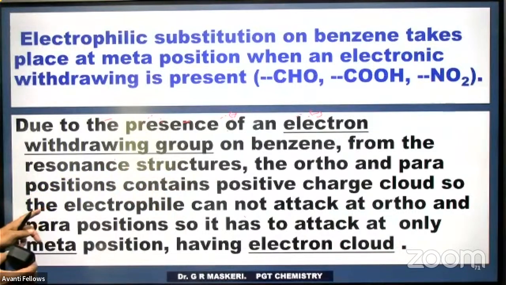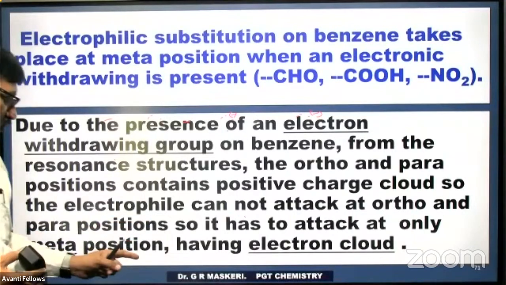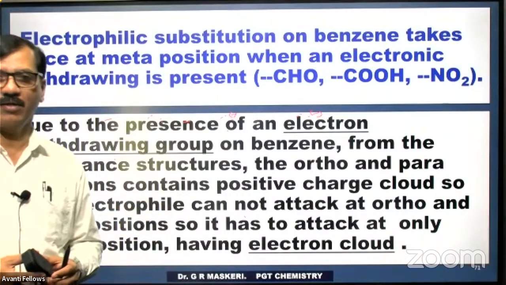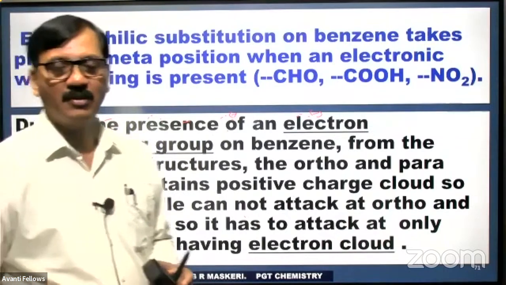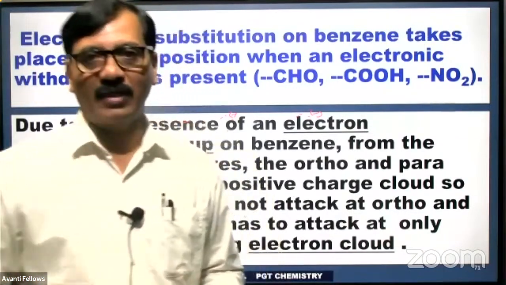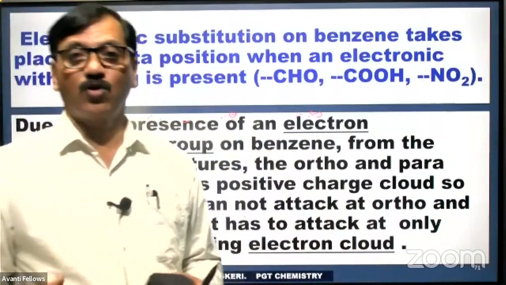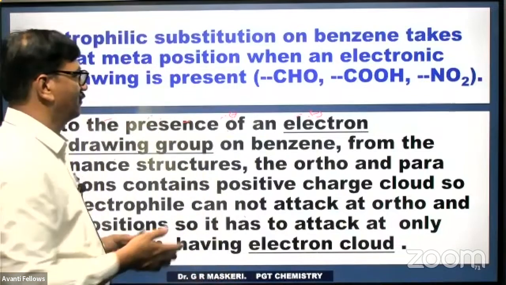So the electrophile cannot attack the ortho and para positions. So it has to attack only the meta position, having an electron cloud. Right? So this is the right explanation. And if you write that structure that I have written, it substantiates it, and it is a more perfect way of writing the answer.